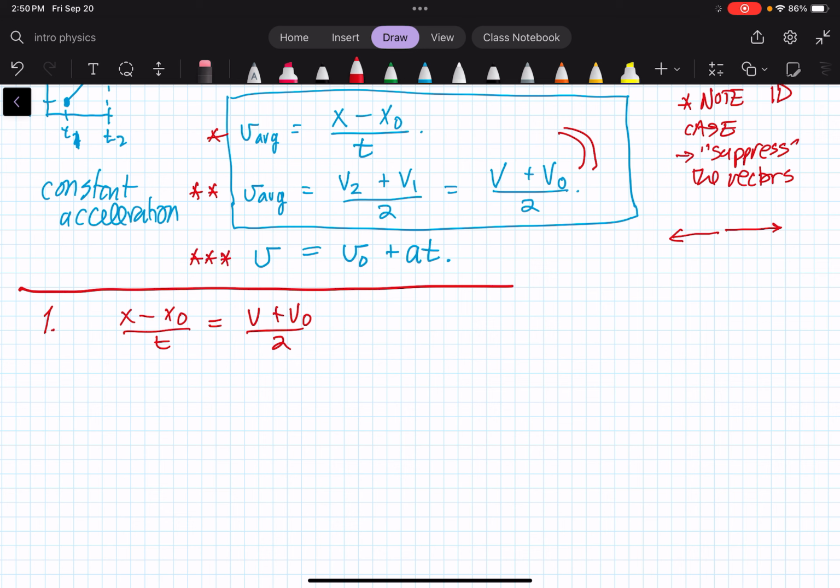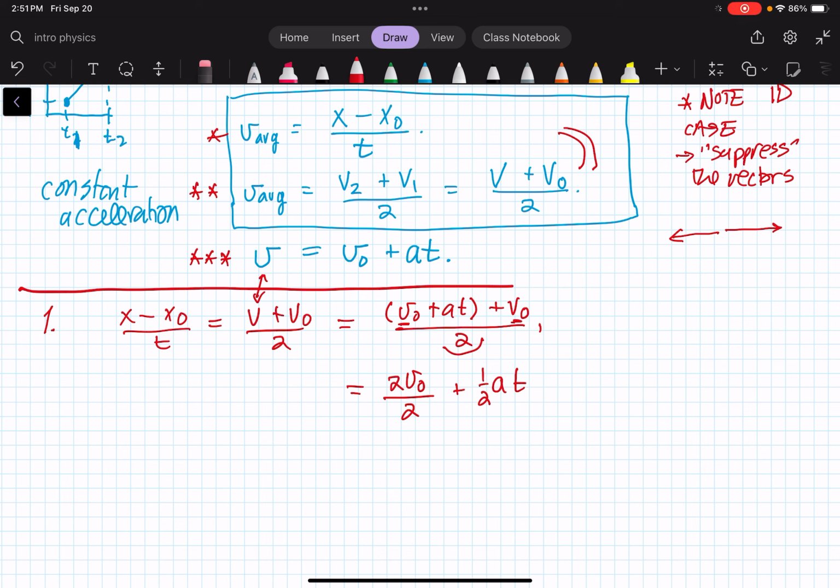But we can use triple star to replace v in that equation. So instead of v plus v naught over 2, that's v naught plus at plus v naught over 2. If we write this out, that's equal to 2 times v naught, because we have a v naught here and a v naught here, divided by 2, plus 1/2 a times t. That's what this stuff is right here.